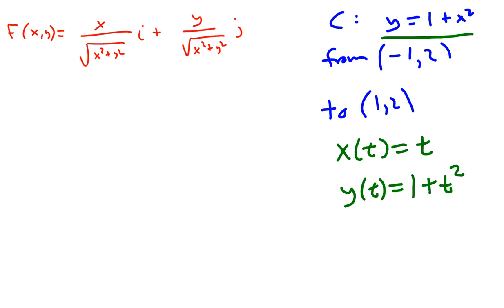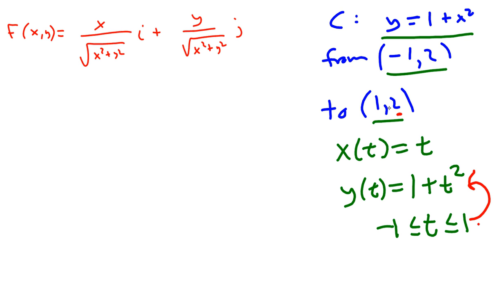Let's worry about our domain here. Well, we want to go from -1 less than or equal to t less than or equal to 1. So we can go from the point -1, 2 to the point 1, 2. It's worth just checking. If you plug 1, for example, in here for t, 1 squared is 1, plus the 1 gives you the 2, which is the y coordinate at that point.